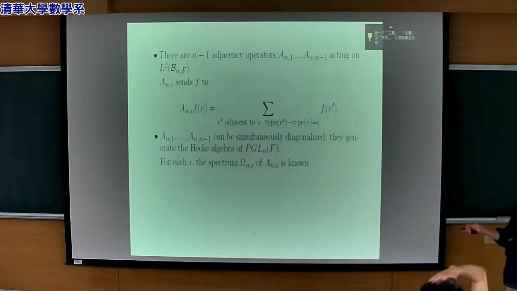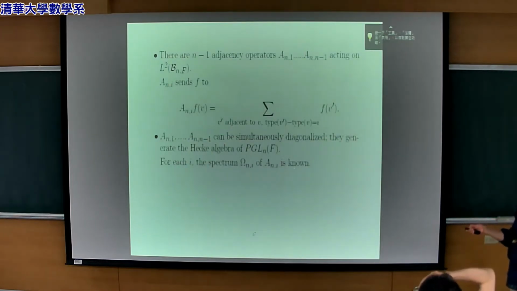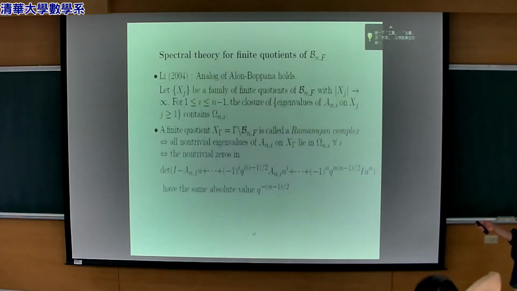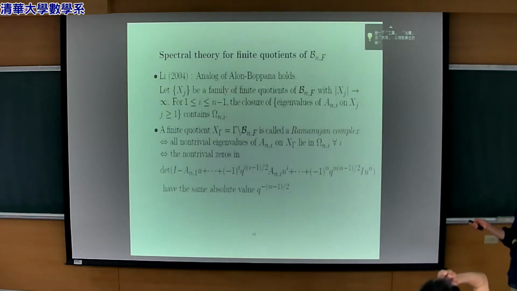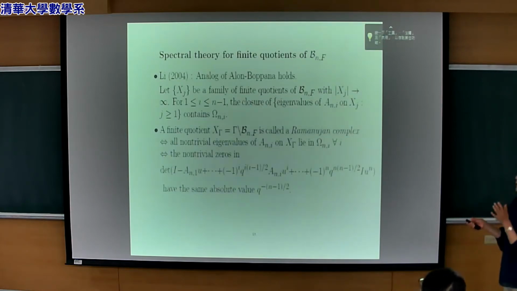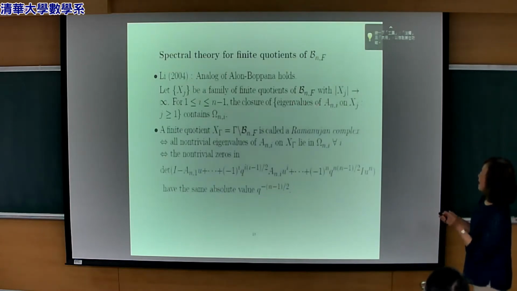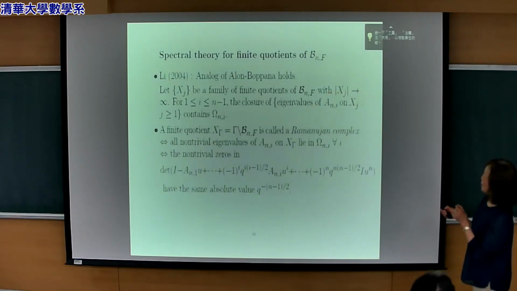And the spectrum of these operators on the building is known. Macdonald obtained that. I showed that the analog of the Serre theorem holds. That means that if you have an infinite family of finite quotients of the building with the size going to infinity, now we have n-1 operators. For each operator, you look at its eigenvalues on the finite quotient.